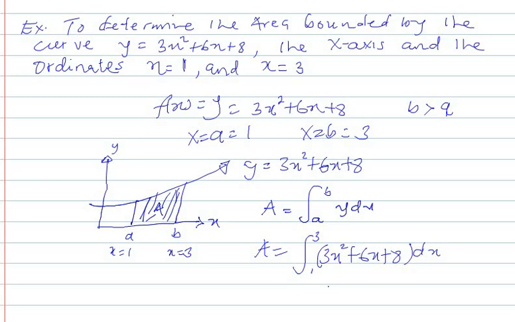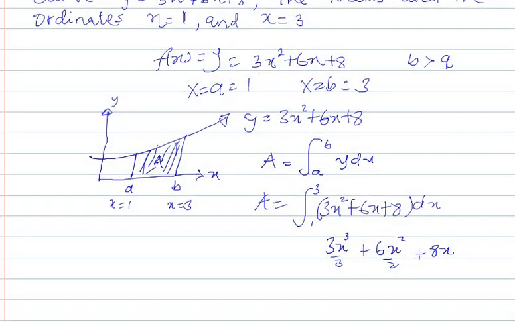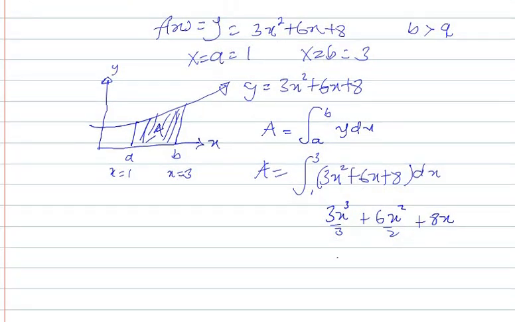So to integrate this, we have 3 times x cubed over 3, plus 6x squared over 2, plus 8x. Then we simplify: x to the power of 3, and 6 by 2 is 3, so we have 3x squared plus 8x. So after integration we have this, and we have to substitute the limit.